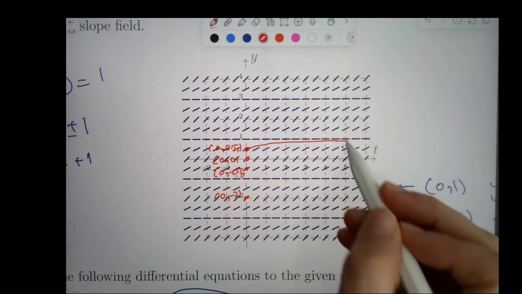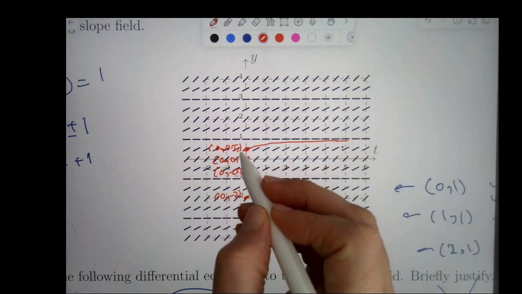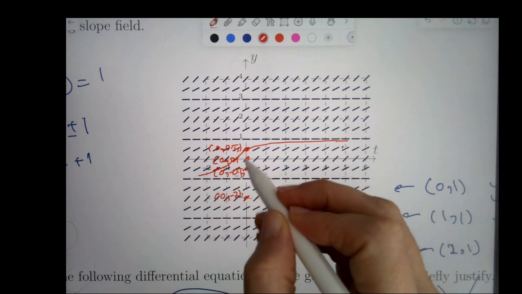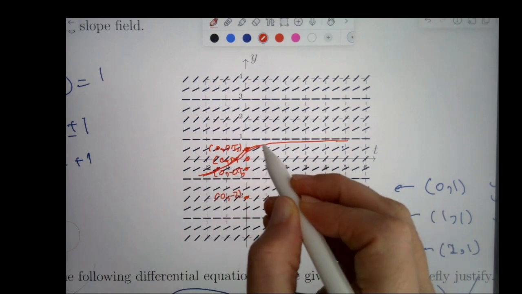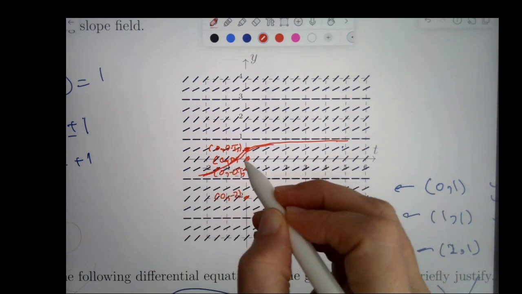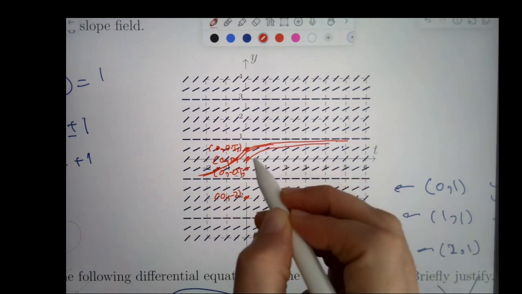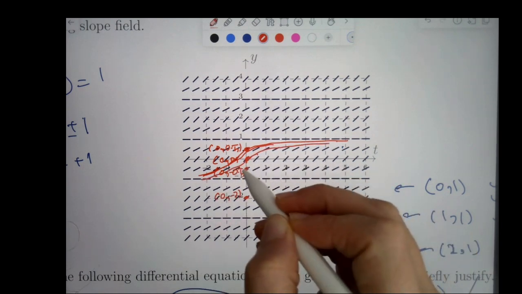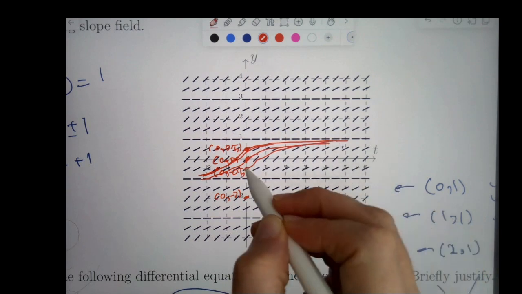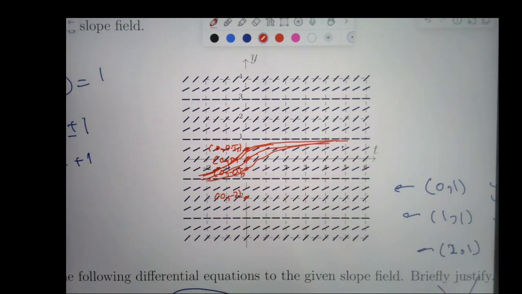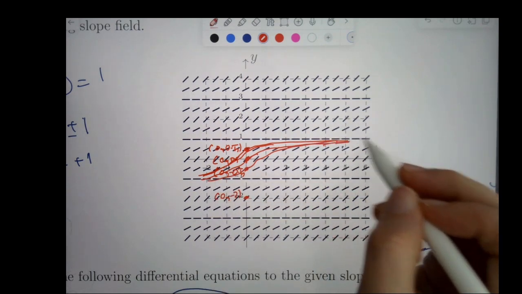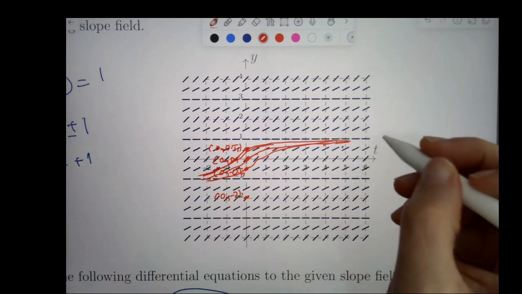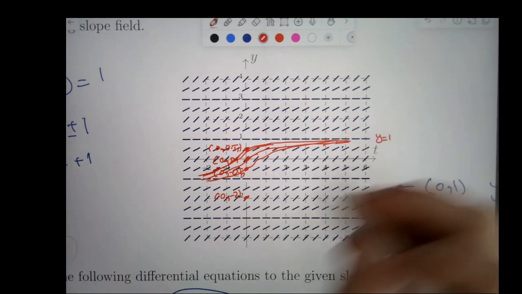I can see that the solutions are kind of going upward, and they should converge to the equilibrium. And down here, they go that way, a little smoother than what I drew. And then over here also, and over here also. They're all converging. As t goes to infinity, they converge to y equal to 1.